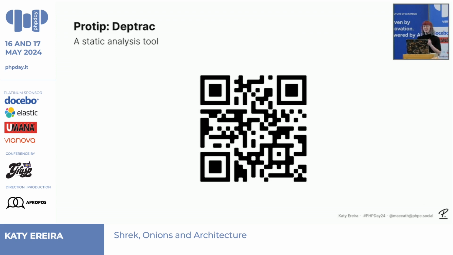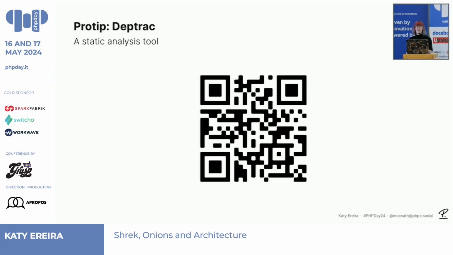Something that is really helpful for keeping track of all this, because these kinds of leaking dependencies and things depending on layers that they shouldn't have any dependencies on are really hard to keep track of, is a static analysis tool. So I recommend going and installing DepTrack. You can use it to define the layers in your system, and by default, it won't let any layer access any other layer.